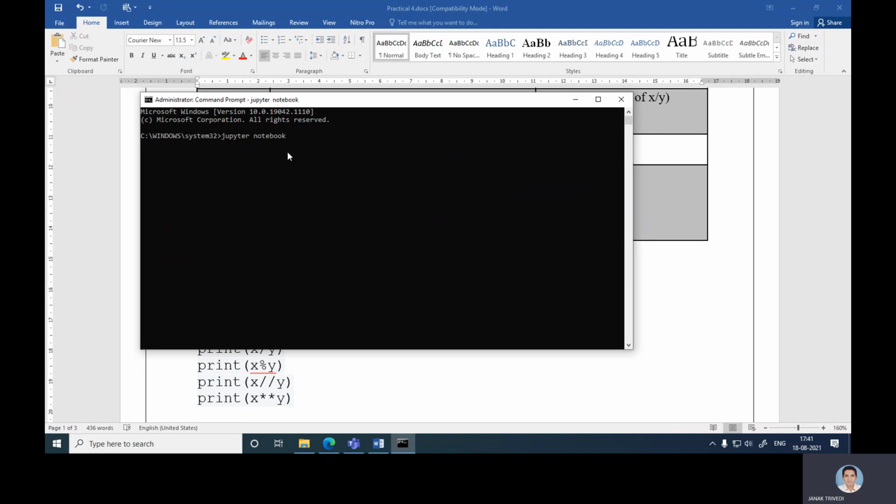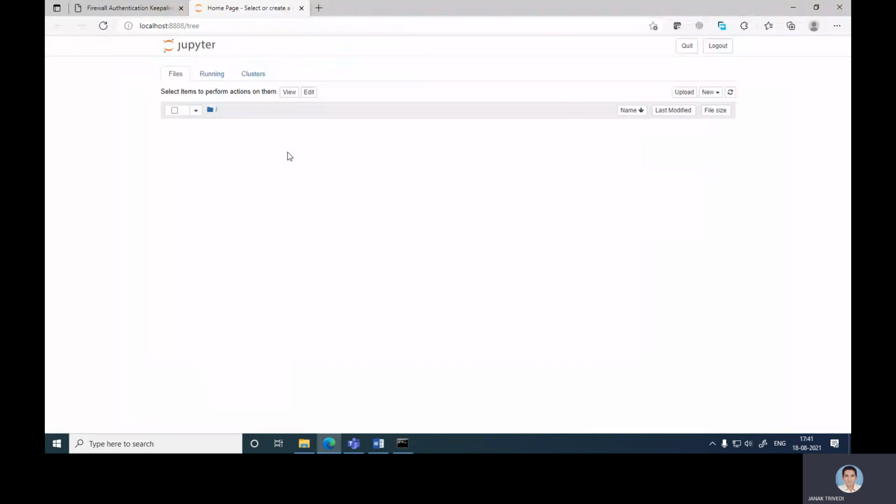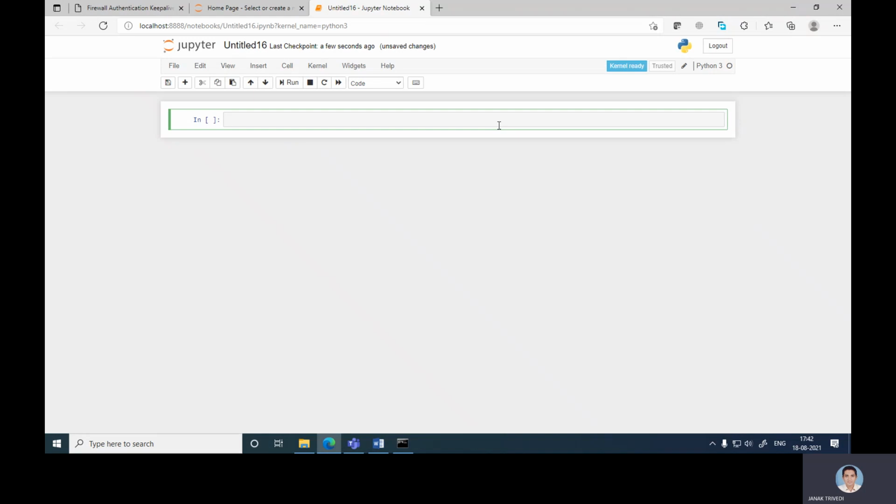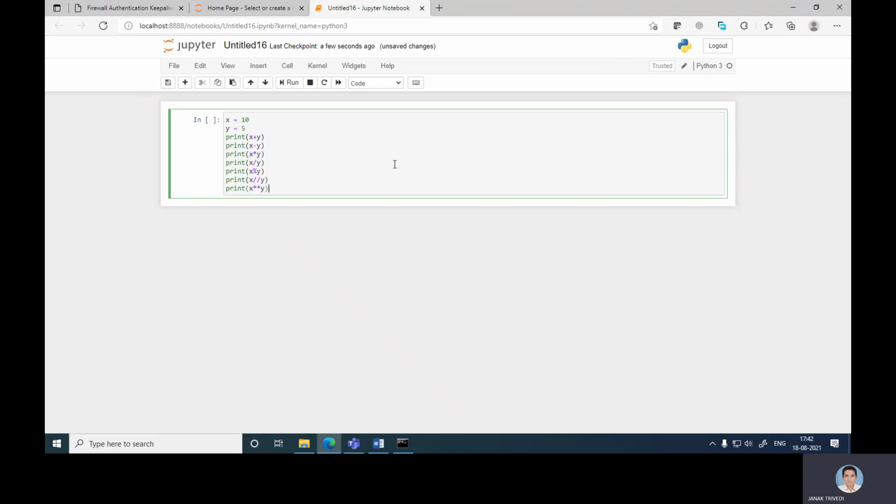So this is the editor. With the help of that, we can learn Python programs. Then Python 3. Please remember that whenever you run Jupyter Notebook, the command prompt should be open. Now we will see one by one example.